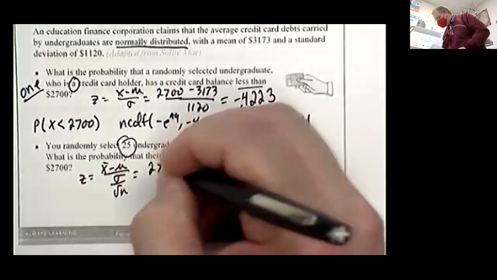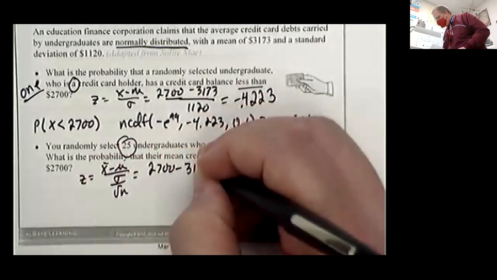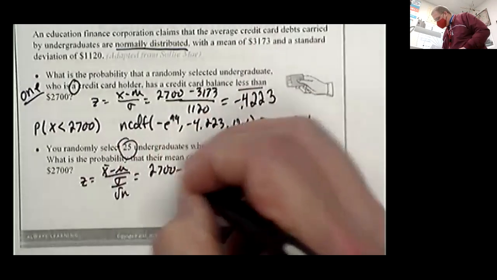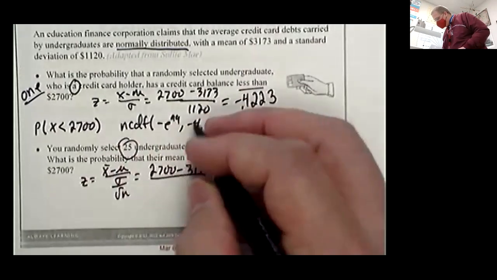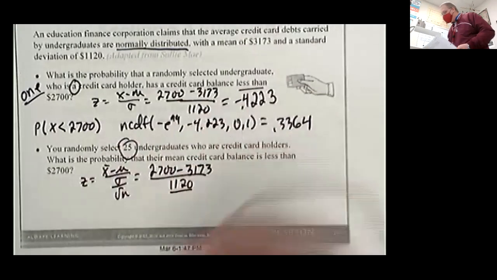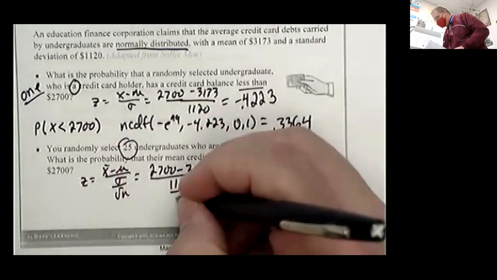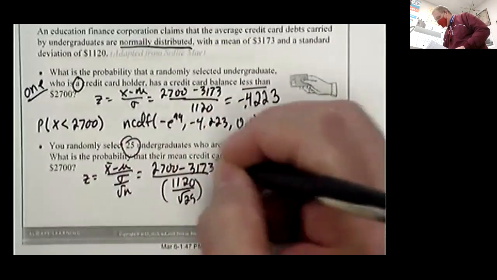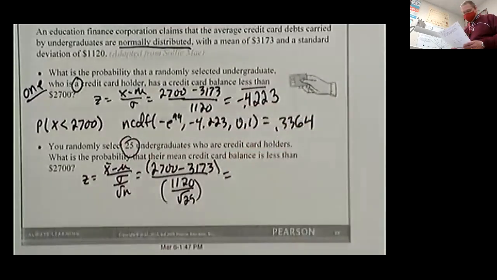So that's 2,700 minus 3,173 divided by 1120, but now, because it's a sampling distribution, we have to divide by the square root of 25. Don't forget your parentheses there. And that gets you a Z-score.